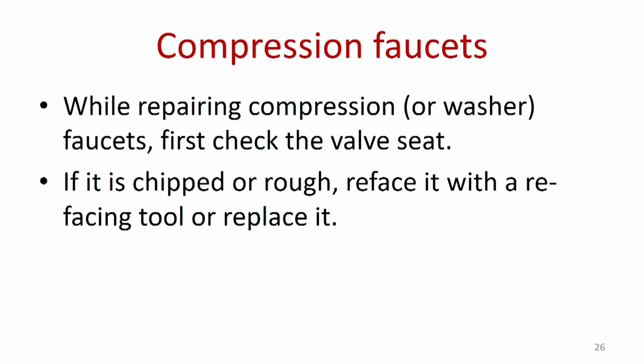If it is chipped or rough, replace it, or nowadays the term is called the face, and faces are readily available. Earlier we had to change the washer, but now the complete face is available. You bring the face, replace it, and it will start working.